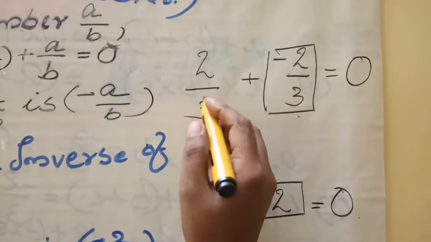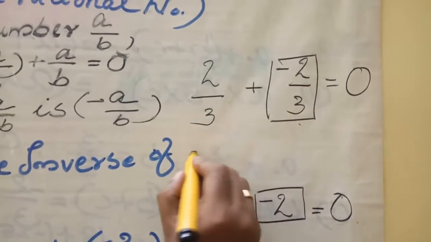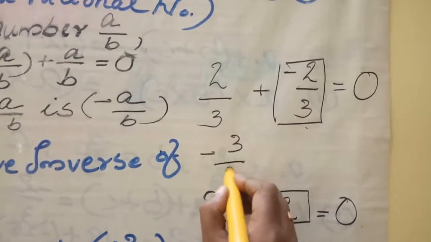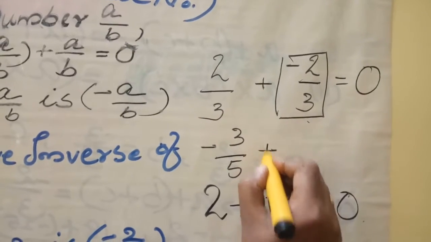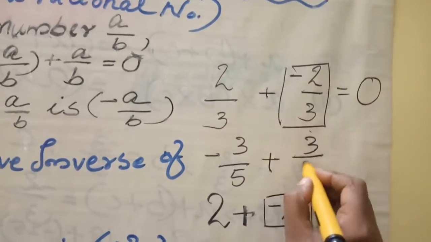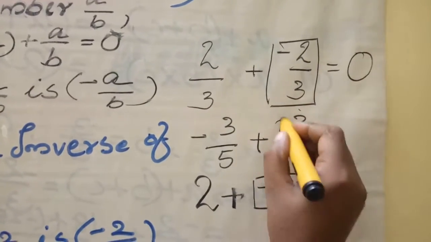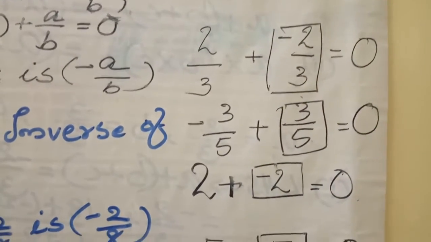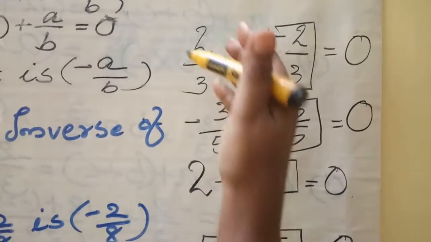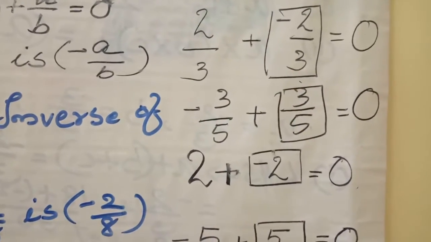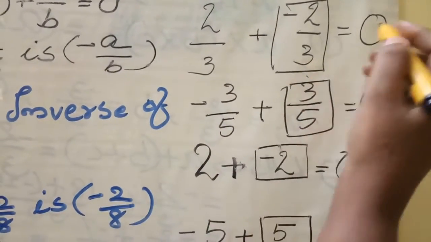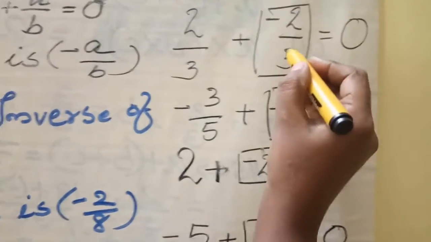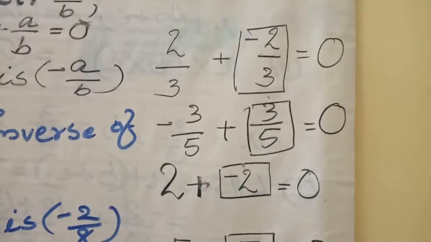Suppose I consider another rational number, say minus 3 by 5. Then you can see that we are adding 3 by 5 to this. You get the common sum. The answer is 0. That means for different rational numbers here we consider, you get the sum 0 by adding the negative of that number.